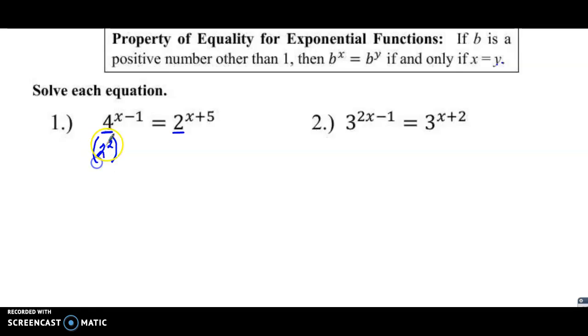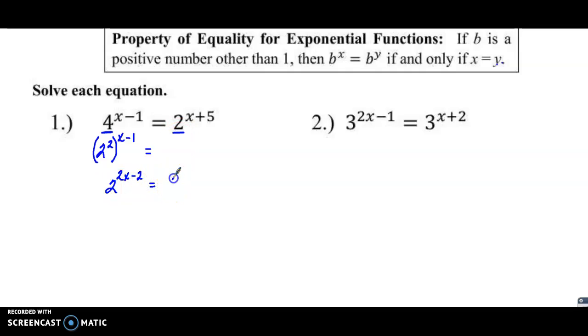So I can replace my 4 with 2 squared, raised to the x minus 1. Remember, when we have a power raised to a power, we're really multiplying. So 2 times (x minus 1) gives me 2 times x, which is 2x, and 2 times 1, which is 2.